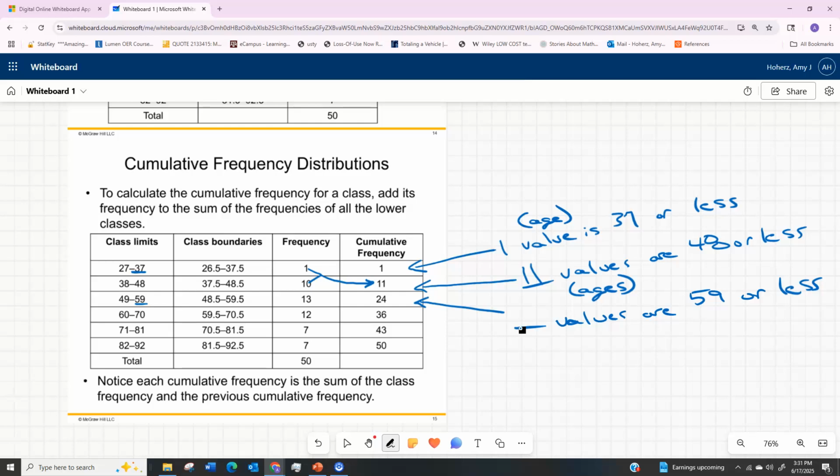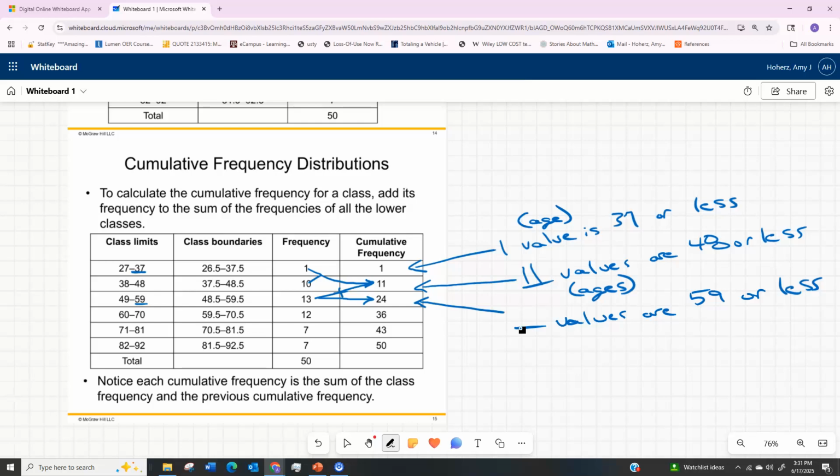So 13 plus 10, that's 23, plus one more, that's 24. You also can just take what we've already added and go from there. So 11 plus 13 gives you 24. But if we wanted to go back to the raw frequencies, that would be the 13, the 10, and the 1 that added up to 24.